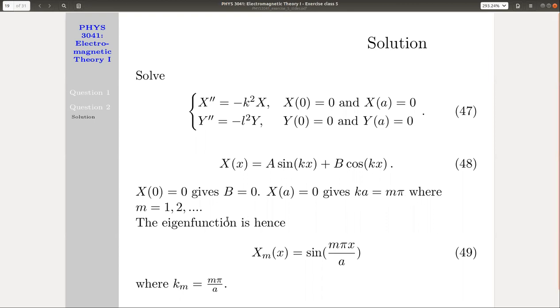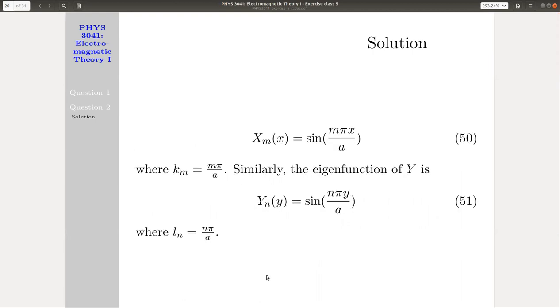So here we have obtained the so-called eigenfunctions of these differential equations, which is sine of m pi x over a. We can also call the k here the eigenvalues, so we have k_m equal to m pi over a.